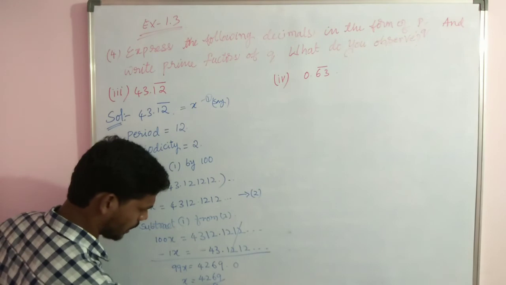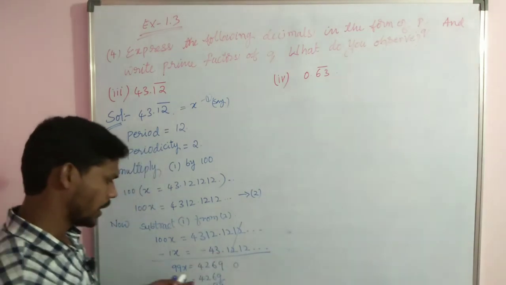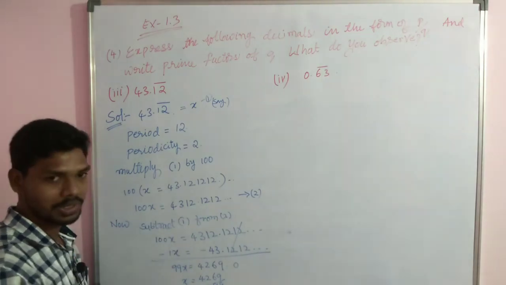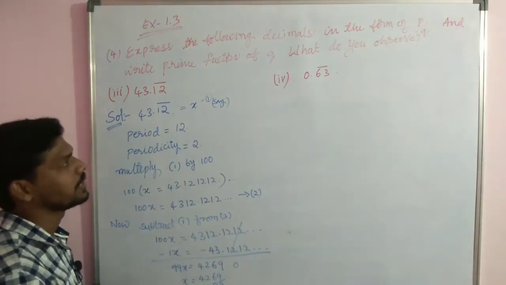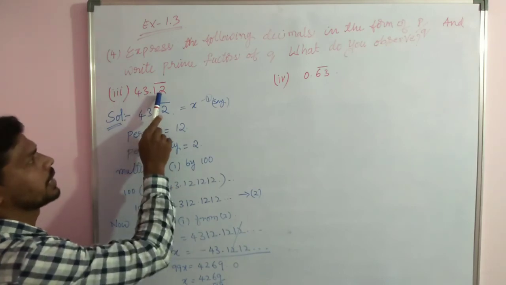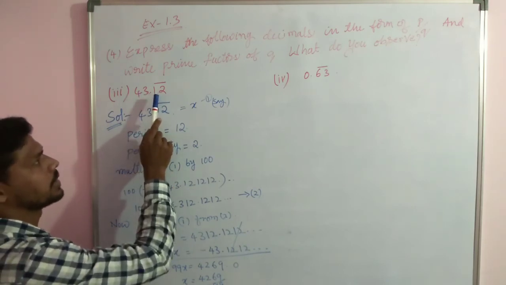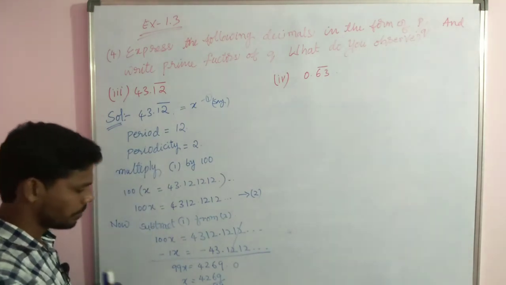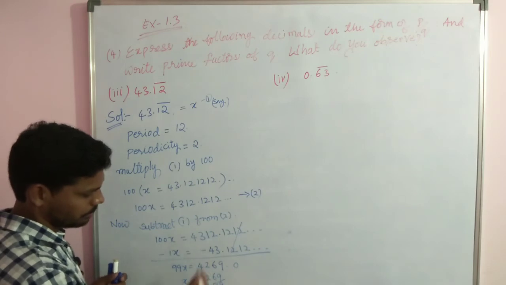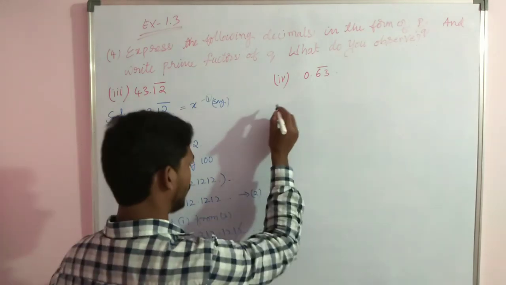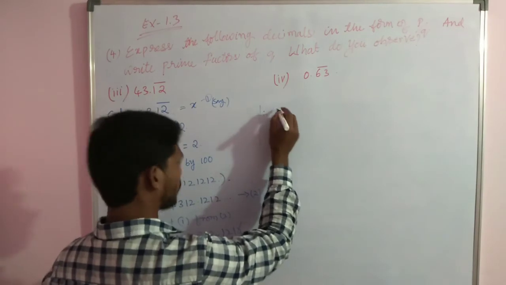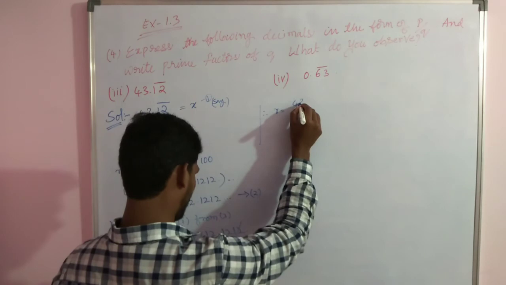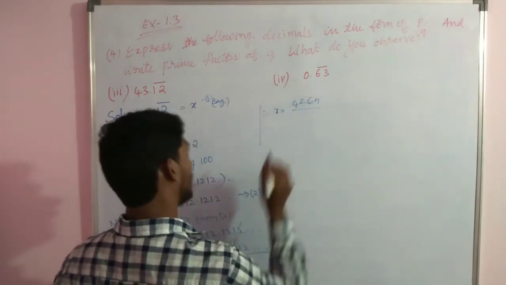So x is equal to 4269 divided by 99. Here 99 is q. Q cannot be written in the form of 2 powers and 5 powers. So we can say that non-terminating repeating decimals are not possible to write in the form of 2 powers and 5 powers. So x is equal to 4269 divided by 99.